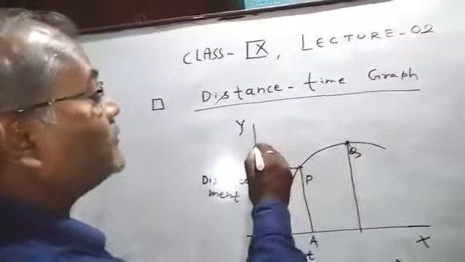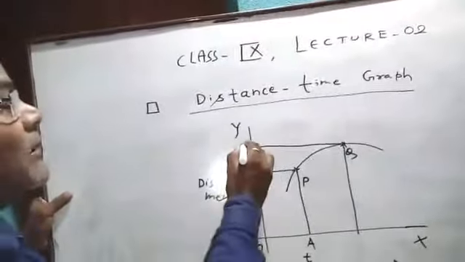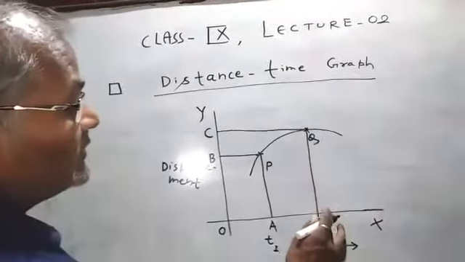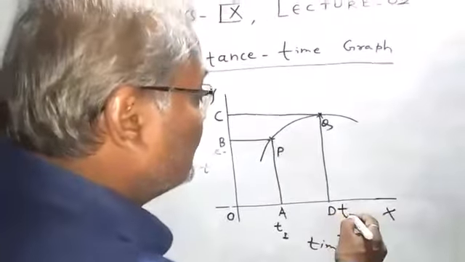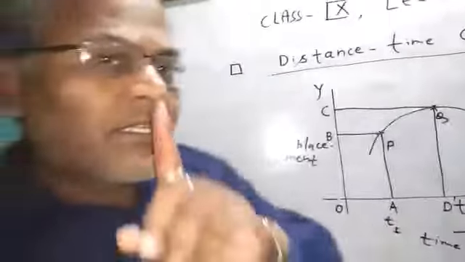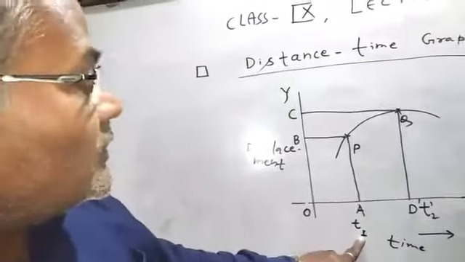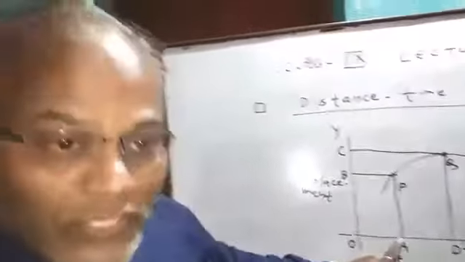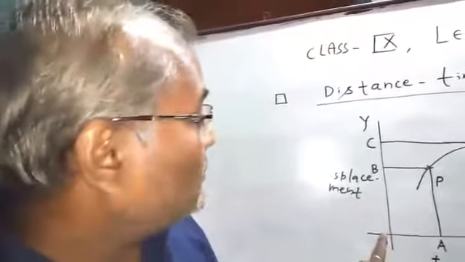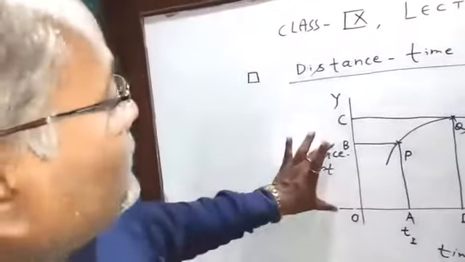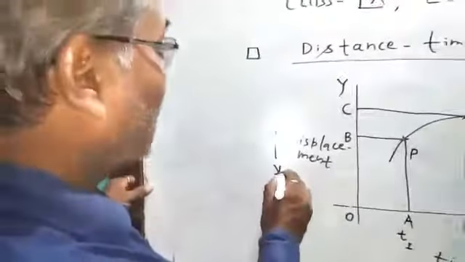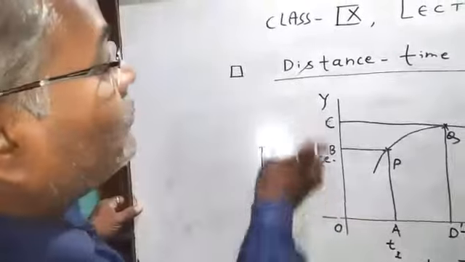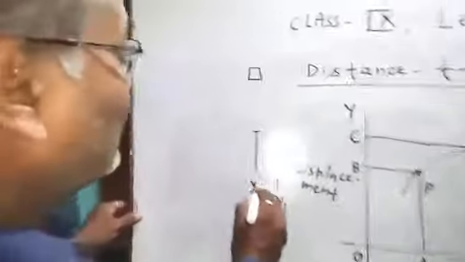Similarly, we draw two perpendicular lines from point Q, meeting at point C and point D. The length OD will represent the next time, T2, and T1 is the length OA. Here OB will represent the displacement y1, and similarly the length OC will represent y2.